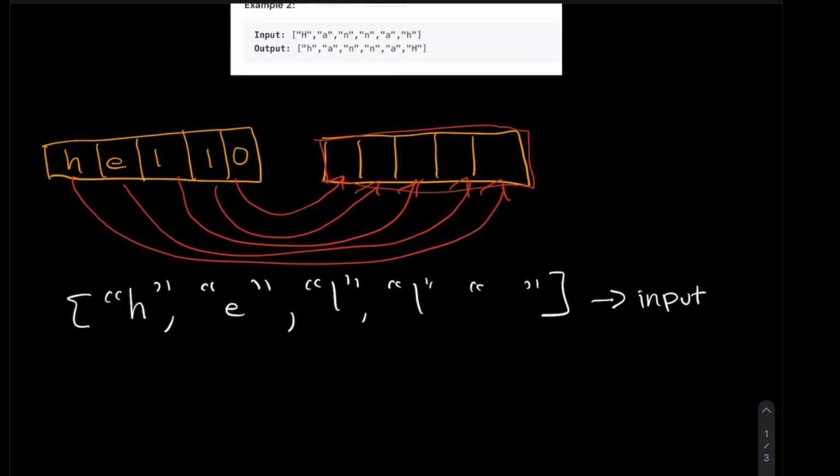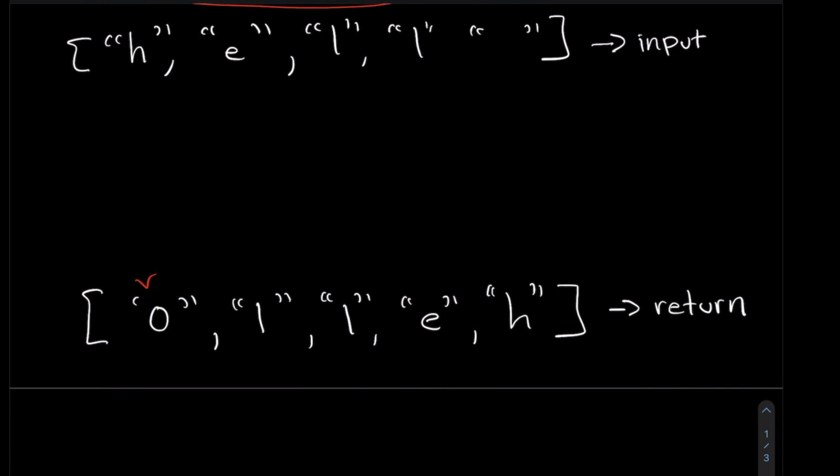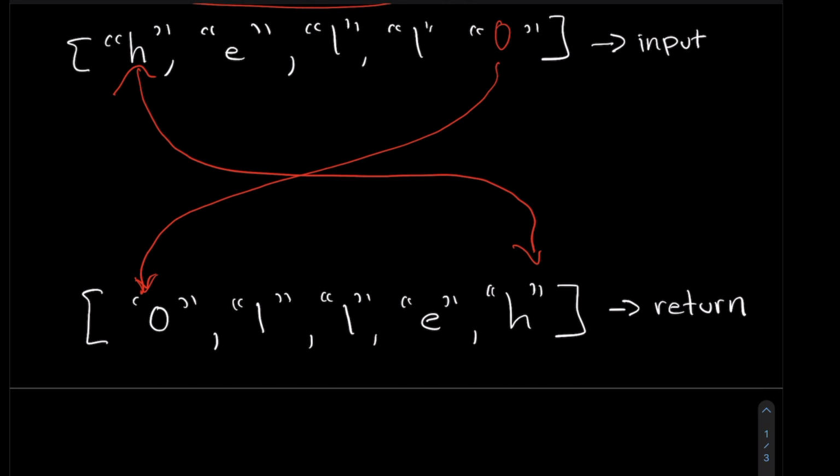So let's take a look at how we would do that in place. Given the input, hello, and given the output, the first thing you kind of notice here is the location of H and the location of O. Where H used to be, there's an O, and where O used to be, there's an H. So essentially what's happened is that they swapped places, right?